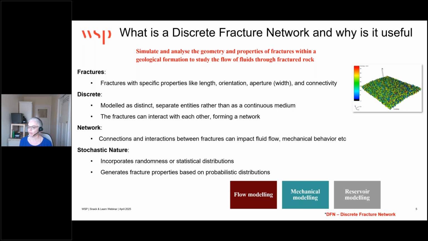DFNs can be used in flow modeling to understand how fluid moves through a fractured rock, mechanical modeling to assess how fractured materials deform under stress, and reservoir modeling, where fractures play a significant role in determining fluid flow. Overall, DFN models are critical tools for understanding complex fracture networks and for optimizing resource extraction and environmental management.